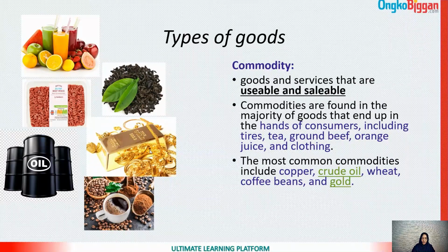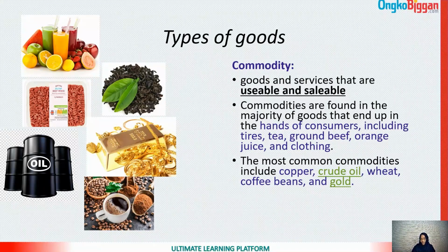The next point is commodity. Commodities are goods and services that are usable and saleable. All goods are not commodity, but all economic goods are commodity. It is confusing, isn't it? No, not at all.